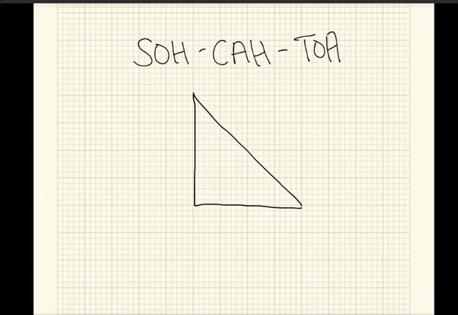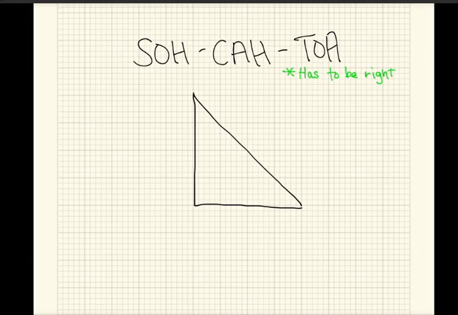The number one thing, let's do this in bright green so that you remember, is that in order to use the sine, cosine, tangent to find either the length of a side or the degree of an angle inside of a triangle, it has to be a right triangle. Okay? Has to be a right triangle.